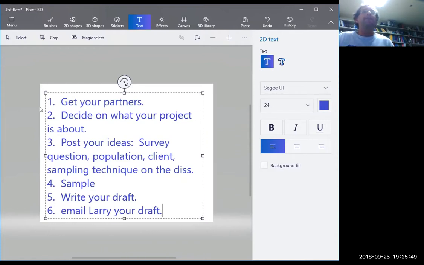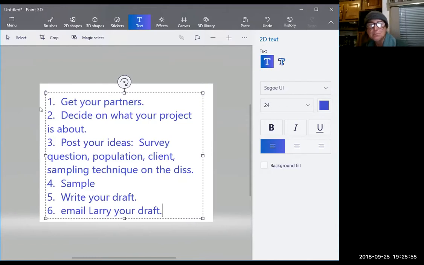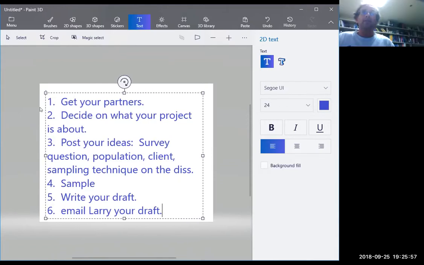If it's not 2 days ahead, so if it's not by Friday, it's not going to happen. I won't even look at it. Got it? So you need to have it at least 2 days before the due date, emailed to me, but better is like 4 or 5 days before so that I have enough time to look at it and then you have enough time to make adjustments.